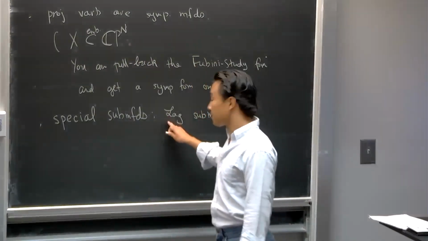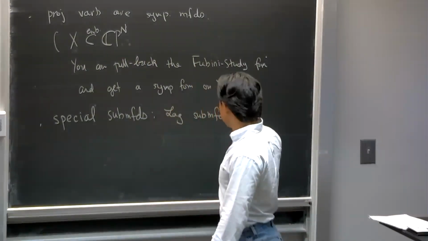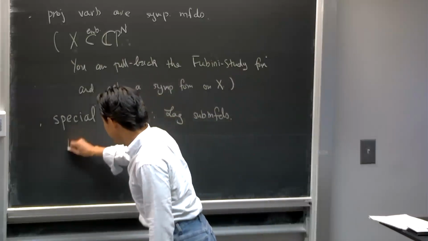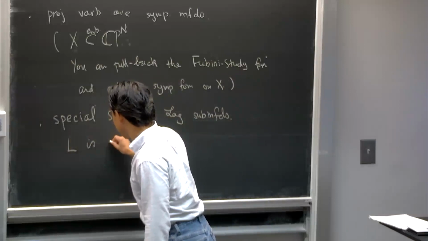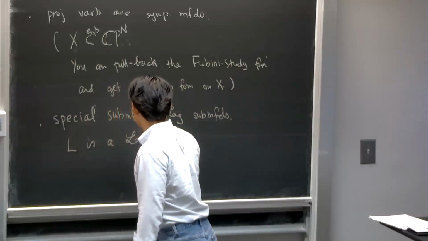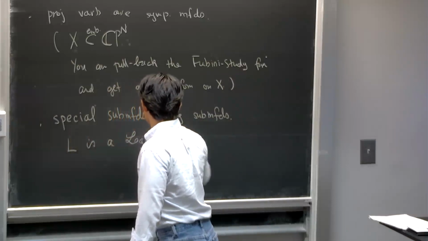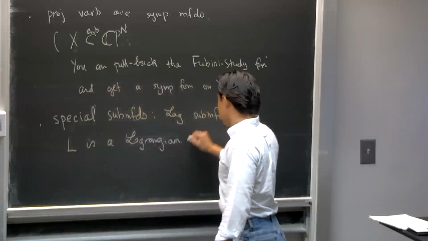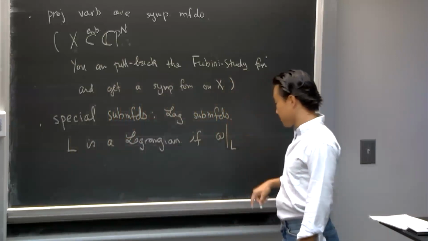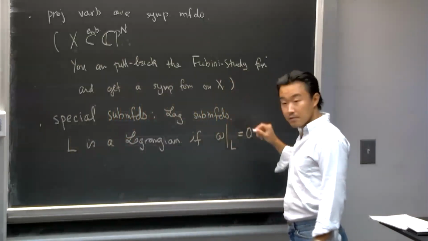So this is something very symplectic. And what are they? A submanifold L is Lagrangian if the restriction of the symplectic form on it vanishes.